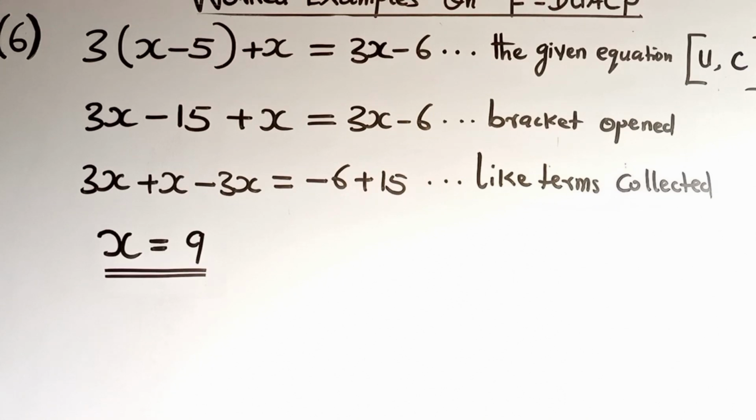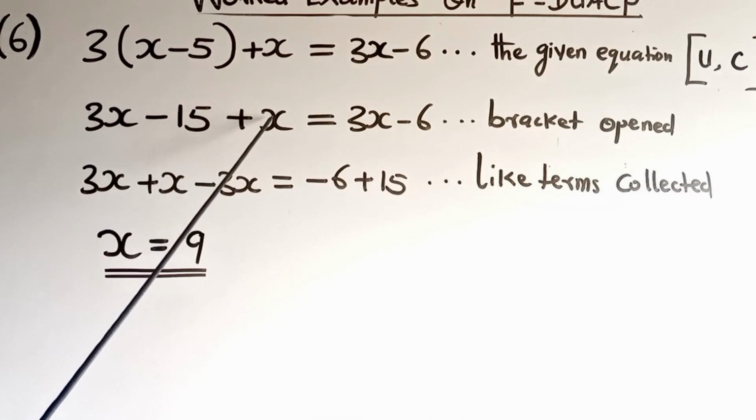What is it? When collecting like terms, if any number has a need to cross equality sign, let it change its sign. Then if in the course of collecting like terms, a number does not cross equality sign, let its sign remain.